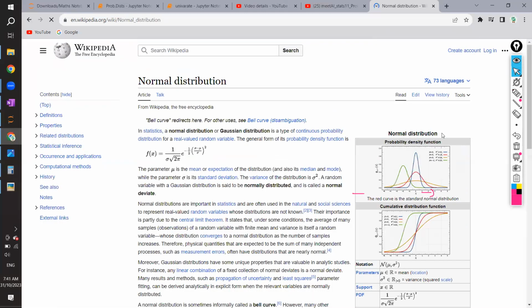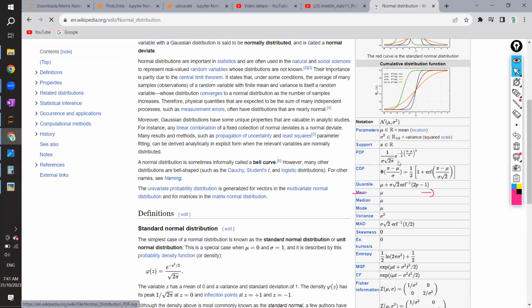So for the normal distribution, this is the graph, and this graph will give you the probability. That means if you give an x value, it will just give you the probability. That is the importance. You don't need to do all this. For the distribution, you just need to give the standard deviation and the mean. I hope you remember the standard deviation and mean. If not, just revise those concepts.